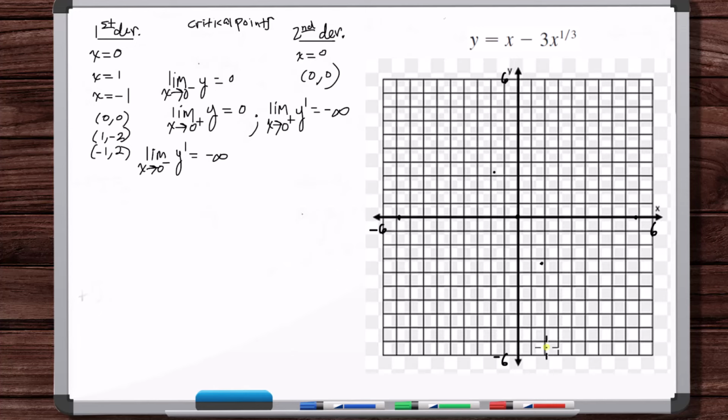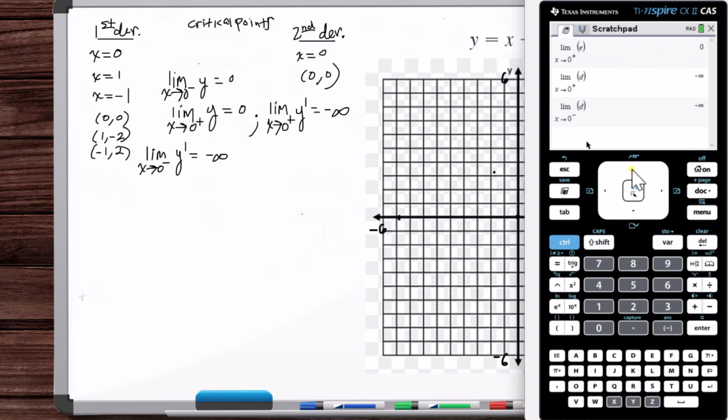Let's check concavity. The limit in general is undefined. So now let's check from the left and the right.